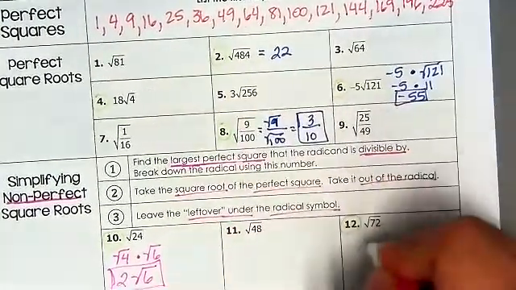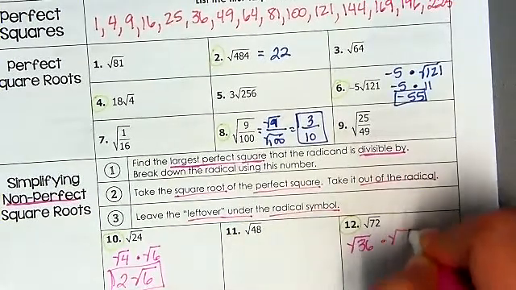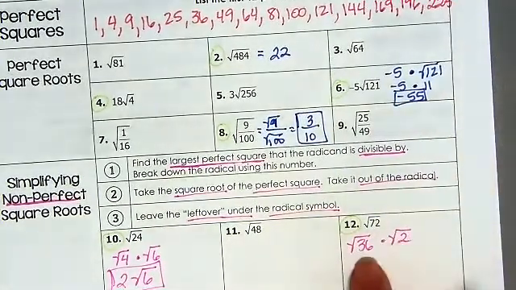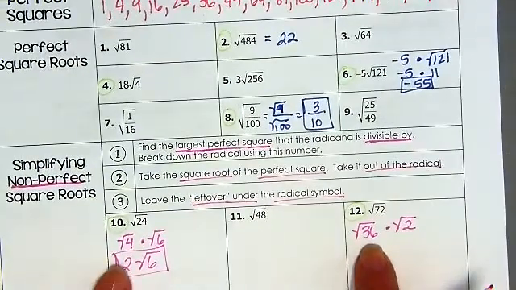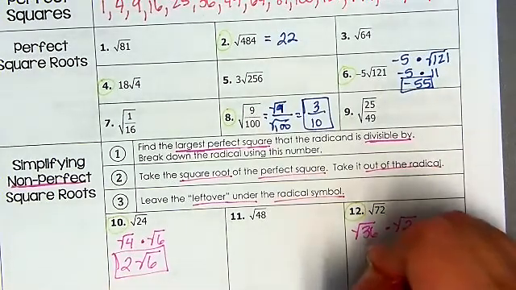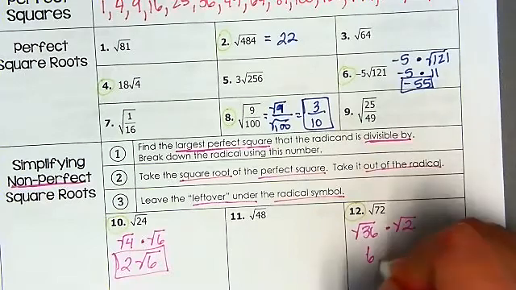So this breaks down to the square root of 36 times the square root of 2. Notice I always write the perfect square first because you want that to end up outside of the radical. So now the square root of 36 is 6. Can't break this down any further. So I bring it down and it's going to be 6 square root of 2.